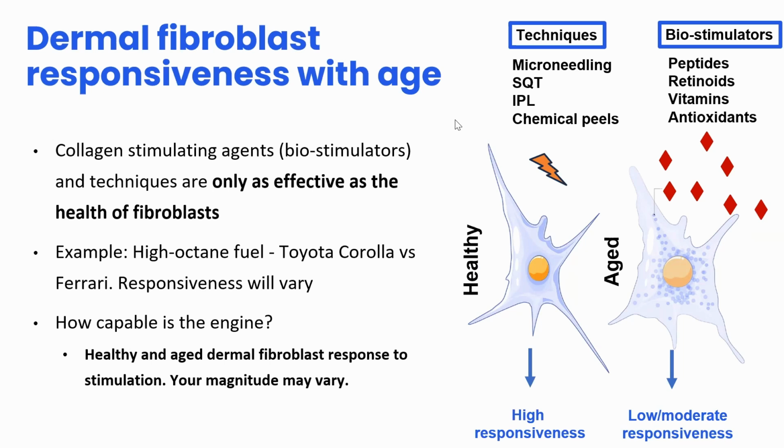I appreciate there are many more techniques, but these are just some of the techniques. They're microneedling, SQT, IPL, chemical peels, and there's a longer list. Or sometimes we use biostimulators like peptides and retinols, vitamins and antioxidants. And sometimes we do a combination of those two, the microneedling or the SQT or treatments with those biostimulators.